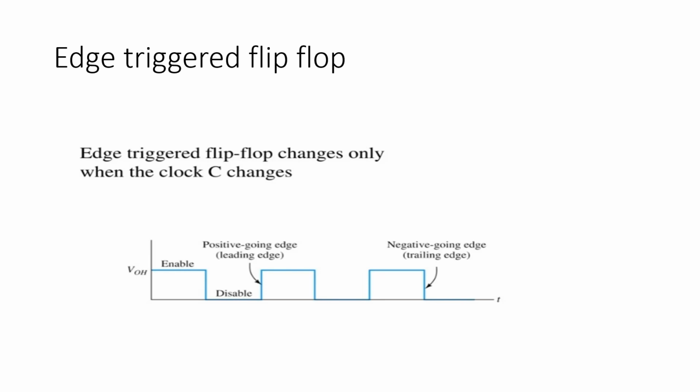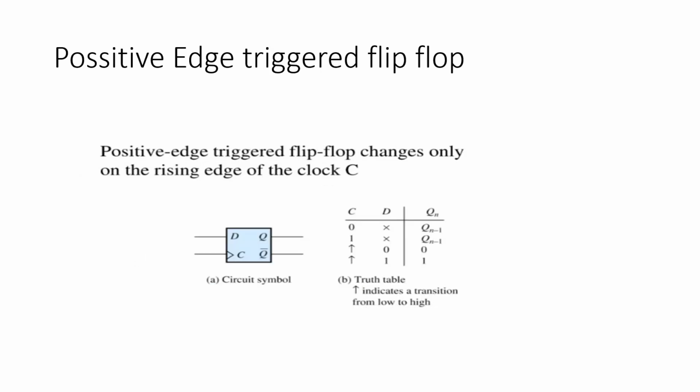So as I've told, there are two types of edge triggering flip-flops, positive edge triggering and negative edge triggering. Here you can see the circuit symbol as well as the truth table of the positive edge triggering flip-flop. This flip-flop changes only on the rising edge of the clock. As an example, I have considered the D flip-flop, which has only one input, D, and one clock input and two outputs, Q and Q bar.